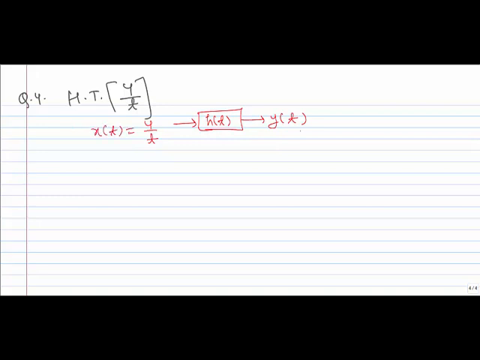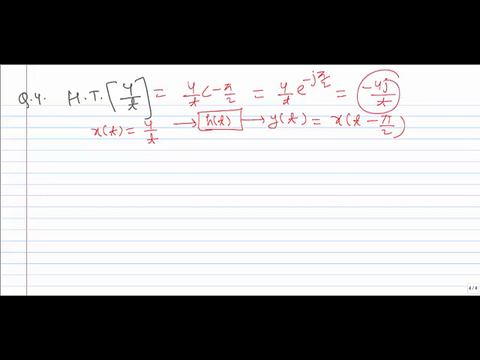We know if the input is x(t), then the output of the Hilbert filter is x(t) with a shift of minus pi by 2, right? So the Hilbert transform of 4 by t will also be 4 by t with an angle minus pi by 2. We can also write it like this, 4 by t e raised to the power minus j pi by 2, isn't it? So it will be equal to minus 4j by t.